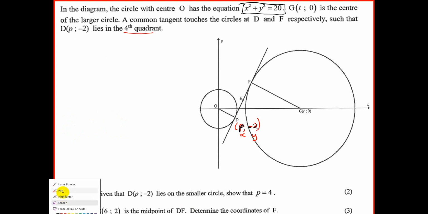Okay, so the question for 4.2 reads, E is a point 6,2. It's the midpoint of DF. So I'm going to go to E. Let's quickly highlight that line. So we look at line DF, and E is a point 6,2. Let's put the coordinates down.